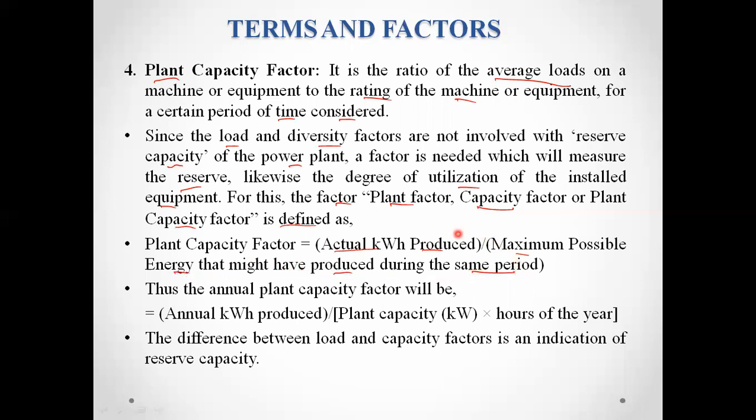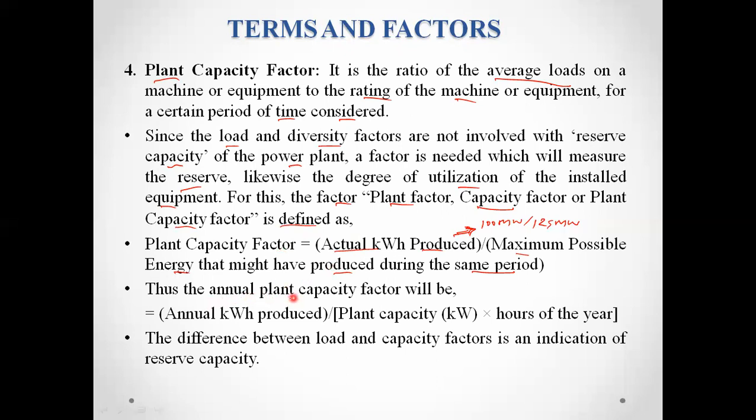So this will be the average. That is why we are saying average load. Suppose I am taking 100 megawatt generation, but the maximum possible energy that might have been produced during that same period, suppose I am getting around 125 megawatt. That will give the plant capacity factor.